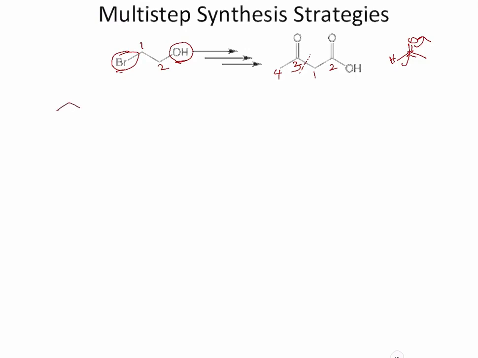Remember, in a Grignard reagent, you can think of this as the conjugate base of an sp3 hybridized carbon, which has a pKa of 50. So that means anything that has a conjugate acid with a pKa below 50 will be able to kill the Grignard reagent. Therefore, we need to protect the alcohol first.